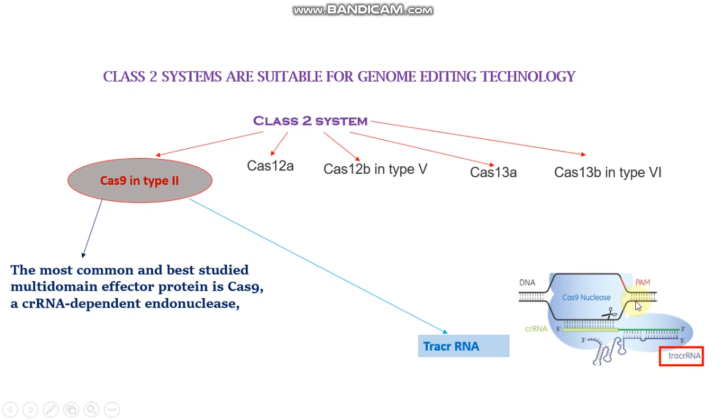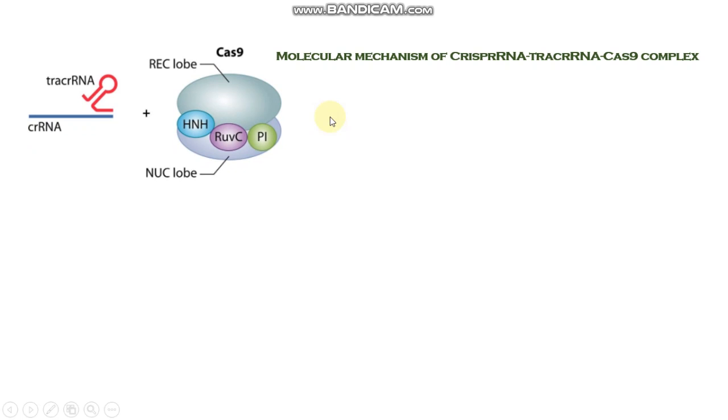As you see in this figure, this is the tracrRNA. Let's move on to the molecular mechanism of the CRISPR RNA, tracrRNA and Cas9 complex. In bacteria, this complex of CRISPR RNA, tracrRNA and Cas9 is formed, and then it works for the cleavage of the foreign DNA.